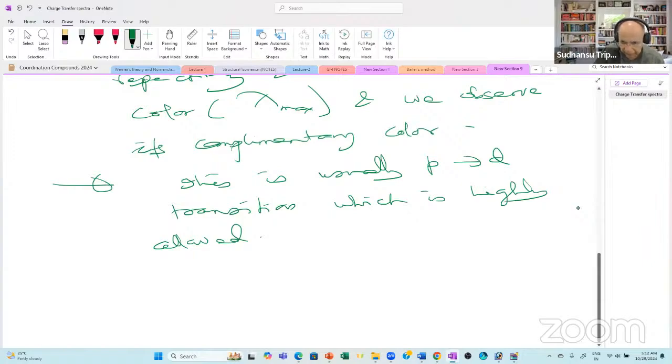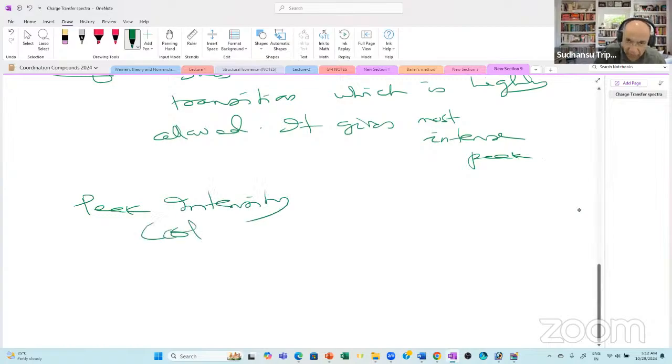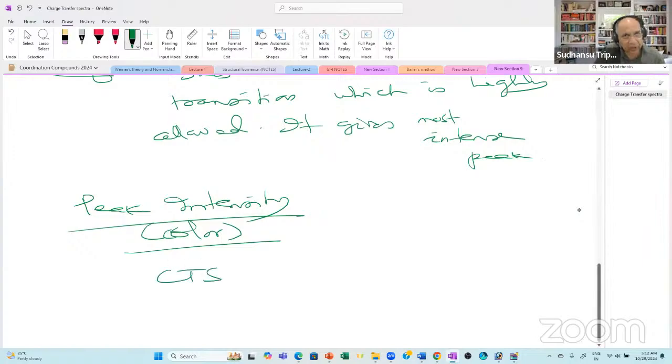It gives the most intense peak, hence the color may be complementary. One is CTS, whatever may be the CTS, it is a p to d or d to p transition. So the change in azimuthal quantum number, delta l, would be plus or minus 1.